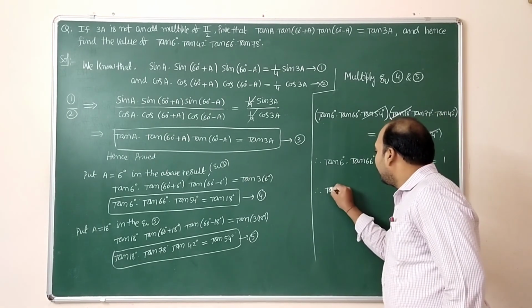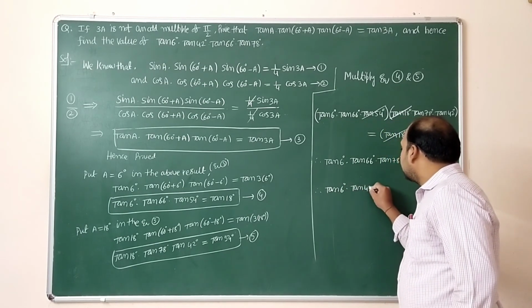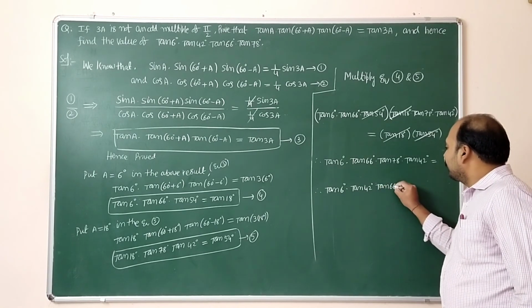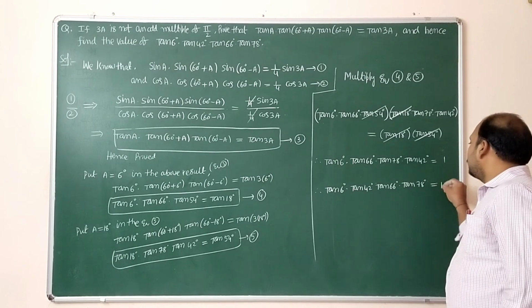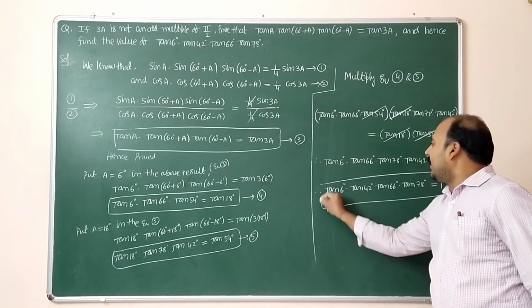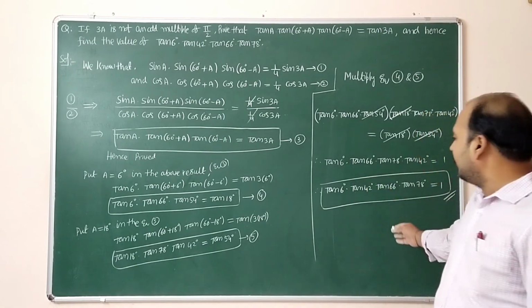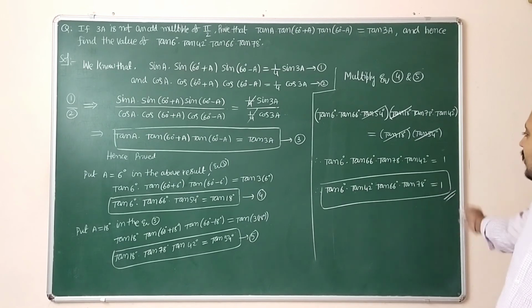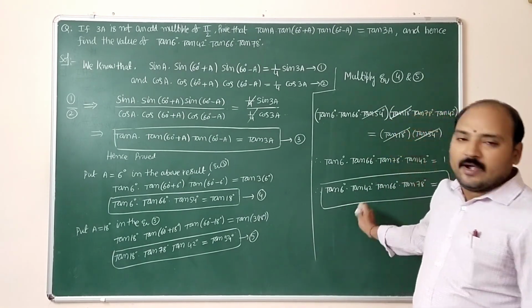Therefore, tan 6 degrees into tan 42 degrees into tan 66 degrees into tan 78 degrees is equal to 1. They are asking to find this value. Therefore, the value of tan 6 degrees, tan 42 degrees, tan 66 degrees into tan 78 degrees is equal to 1. Hence the result. This is the required result.